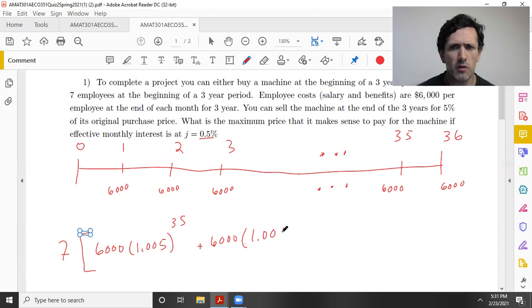Then 6,000 times 1.005 to the 34. Keep going, just do the last two. 6,000 earns 1 month of interest, the payment at t equals 35. And last but not least, the last 6,000 earns no interest.